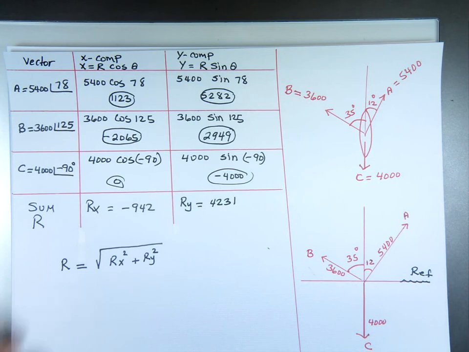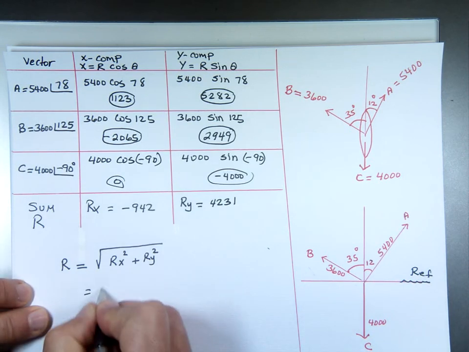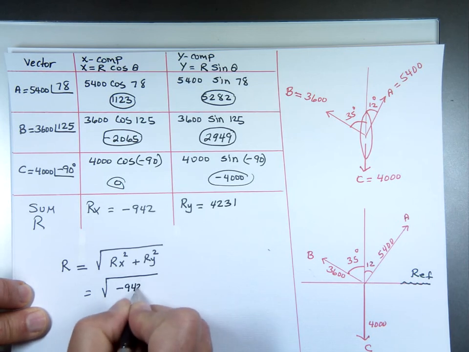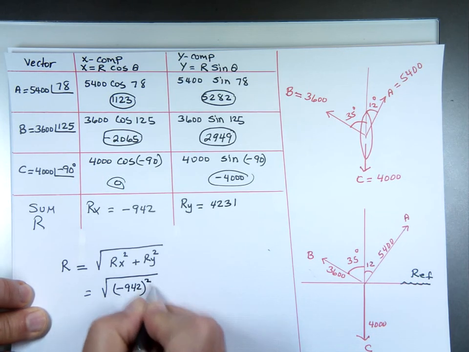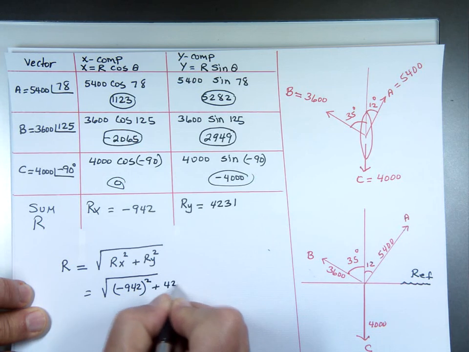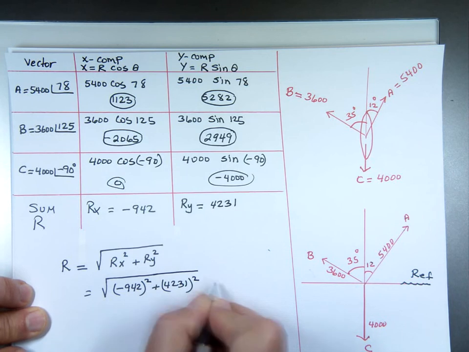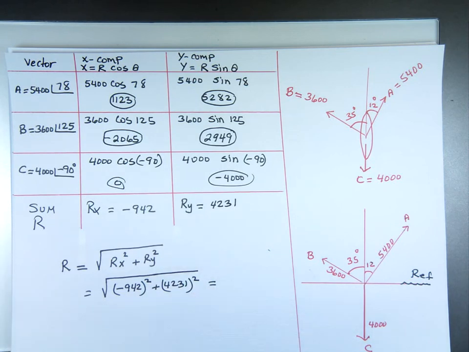That's the square root of negative 942 squared plus 4231 squared. I got 4335.